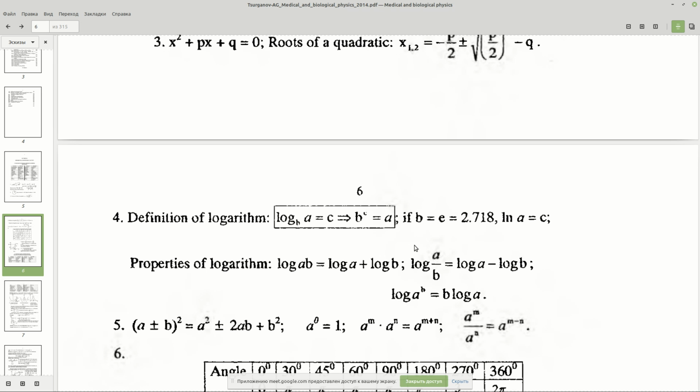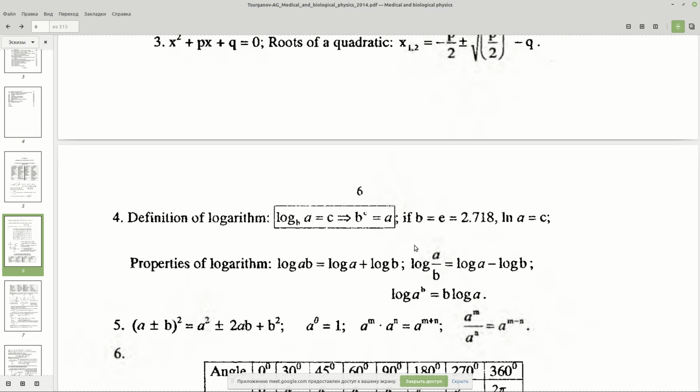It's also a very long set of numbers, but we often use only 2.72 or 2.71.